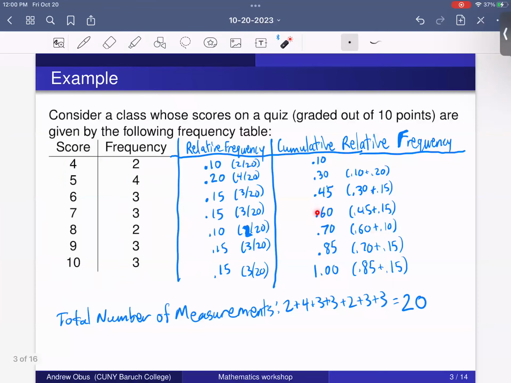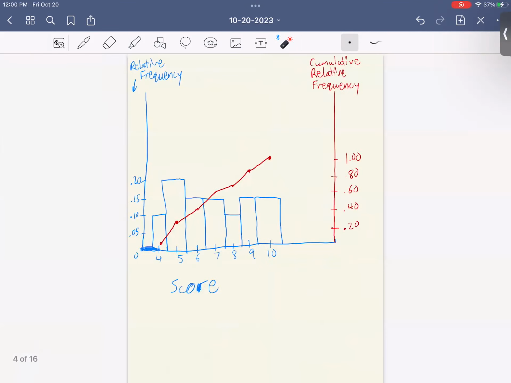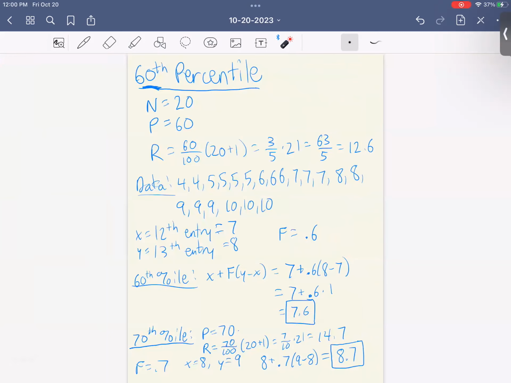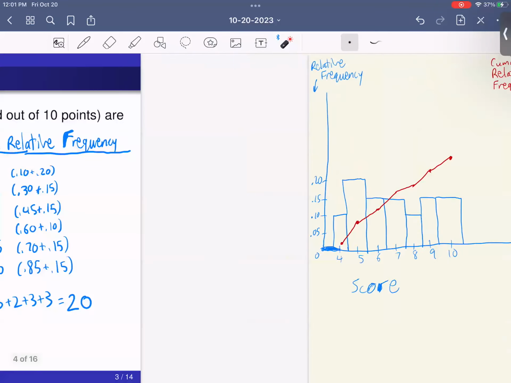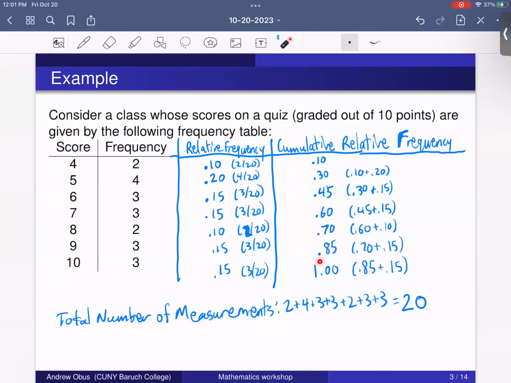So 0.6 for cumulative relative frequency happens at the score 7, right? And so that means we should expect the 60th percentile to be close to 7. And in this case, it is. I mean, it's 7.6. It's not exactly 7, but it's pretty close to 7. So cumulative relative frequencies can give you rough approximations to percentiles.